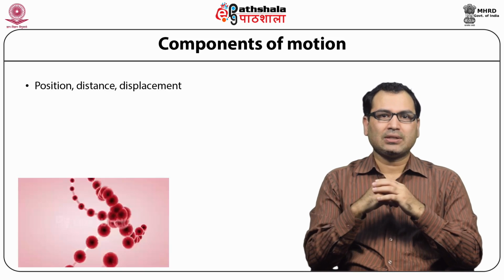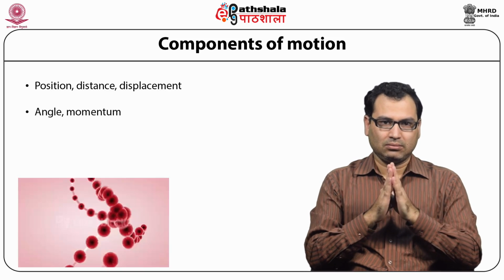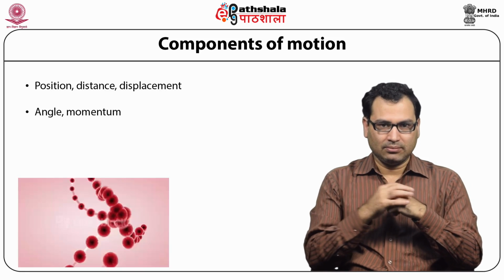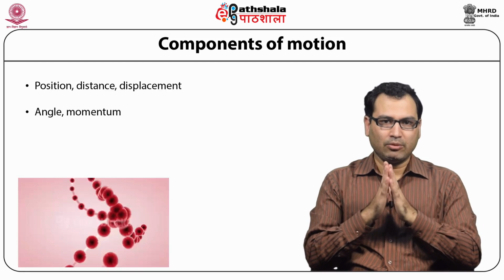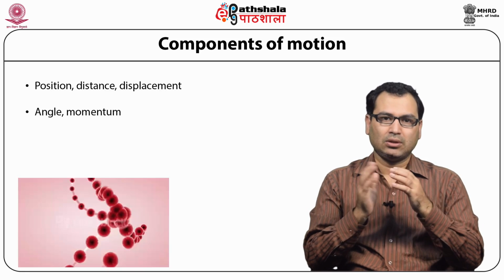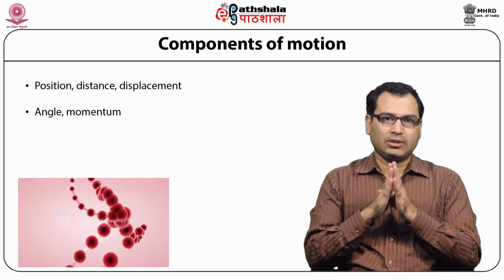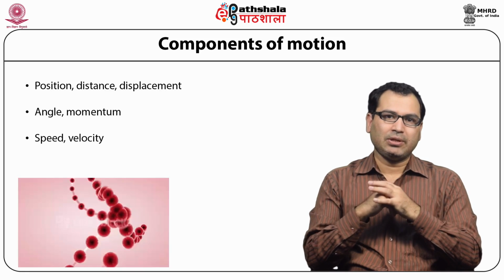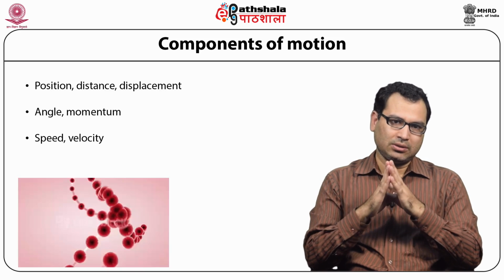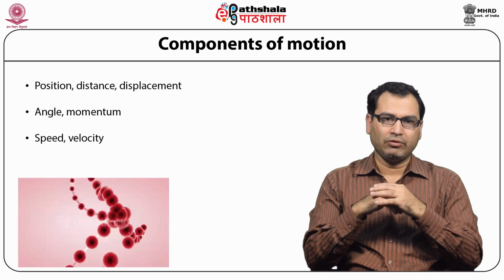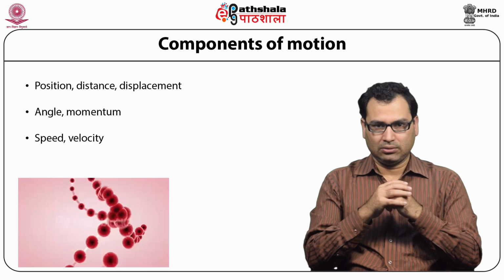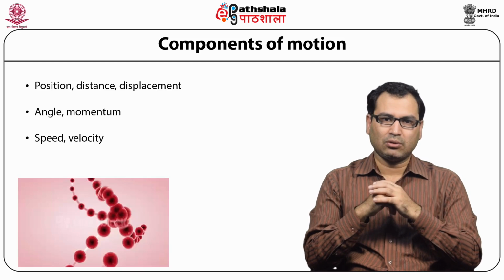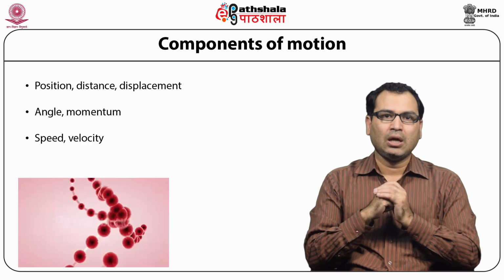The motion can be described in terms of angle, change in angle. Momentum. The momentum can be linear momentum or angular momentum, depending on what coordinates you are taking. Then speed. What is the speed with which the body is moving? Or velocity. These two are different quantities. Speed is a scalar quantity and velocity is a vector quantity.